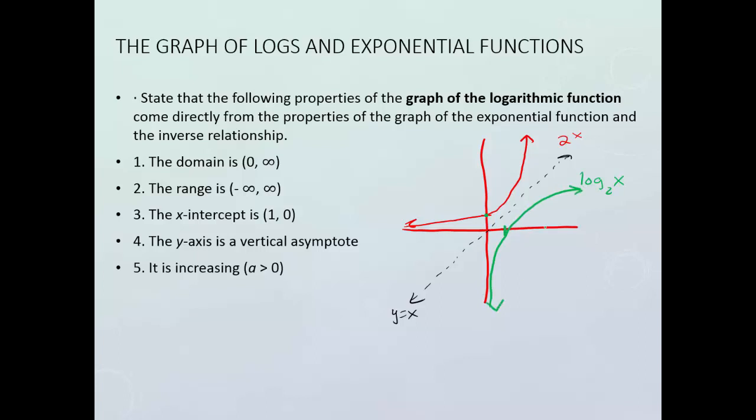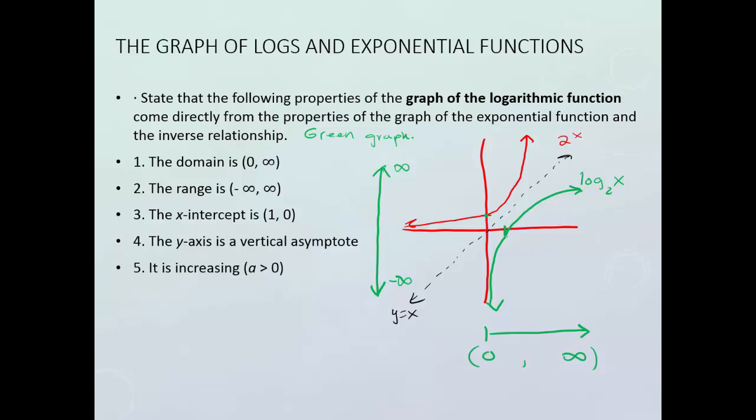Okay? So we're going to be talking about just the green graph only. The green graph has a domain from 0 to infinity, but it does not include 0. It has a range of negative infinity to infinity. It goes to infinity. It goes to negative infinity.